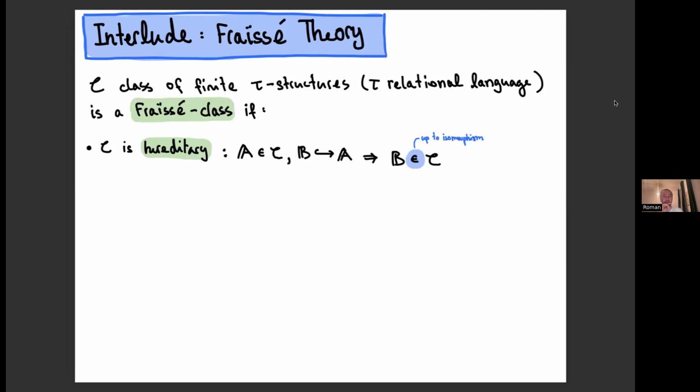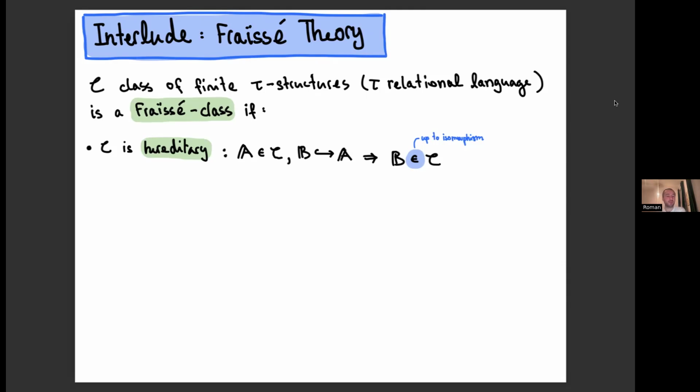You're given curly C, a class of finite tau structures. Again, tau is a relational language. There's also a version of Fraïssé's theorem with relations and functions in the signature, but this formulation is even easier, and I just need the relational version. This class curly C is called a Fraïssé class if it satisfies three properties.